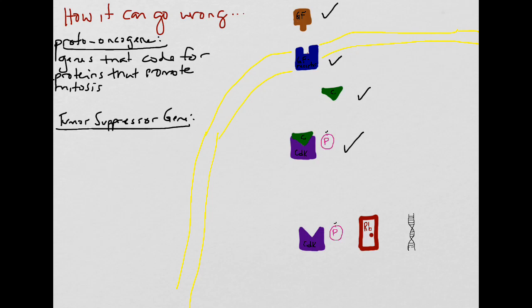So these are made from proto-oncogenes. If you can find that strip of DNA and say this is what we copied to make this growth factor, this is the recipe that we use, we'd say that that recipe is a proto-oncogene. Okay, and a tumor suppressor gene is a gene that prevents unregulated mitosis.